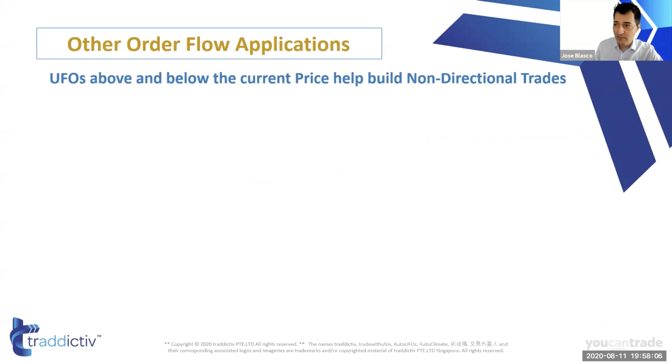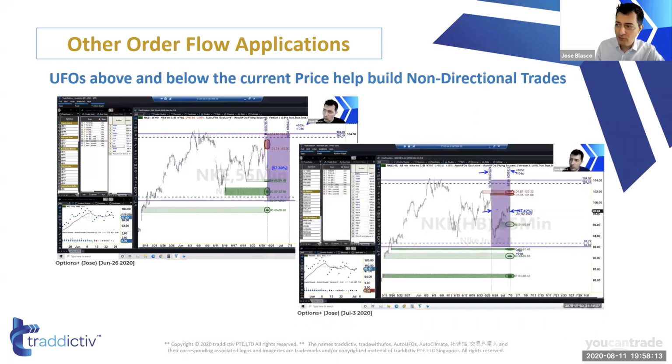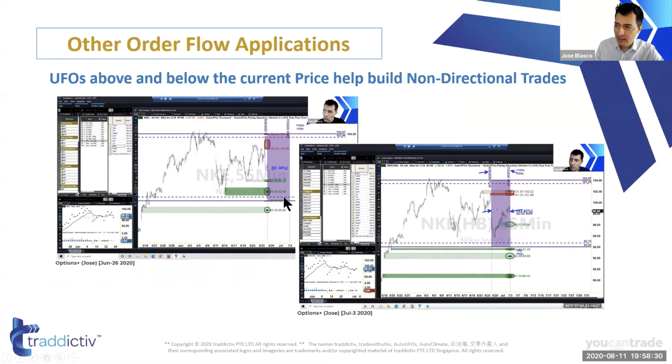Also, the UFOs are something you could use for non-directional trading, for the ones out there doing options trading. Notice here, we got a red UFO on the top. Two red UFOs above, multiple green UFOs below. With the purple lines, this purple line above and below sets a range, and in this case, for the ones of you that know options, we set up an iron condor on that day, expecting the price to stay in the purple area from that date to that date, which was the expiration date of the condor.